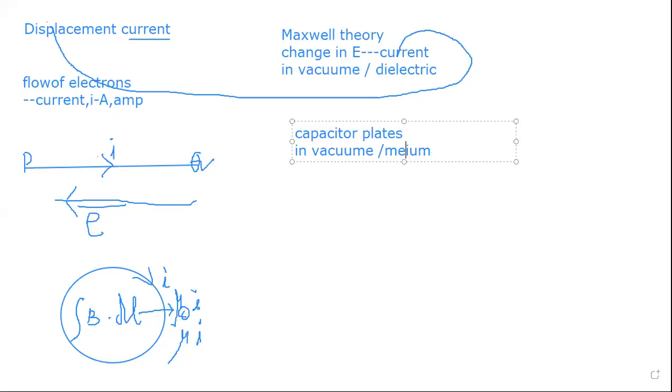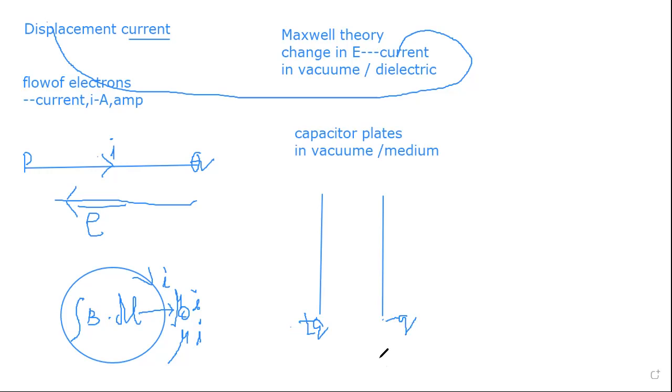This is one capacitor plate and this is the second capacitor plate. One plate has a positive charge, plus Q, and the other has an equal charge but with excess electrons, minus Q. These are the two plates of the capacitor.